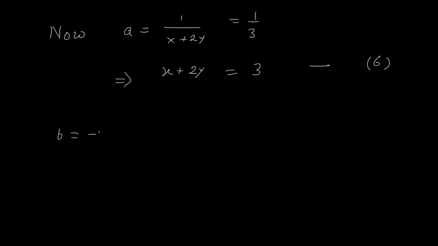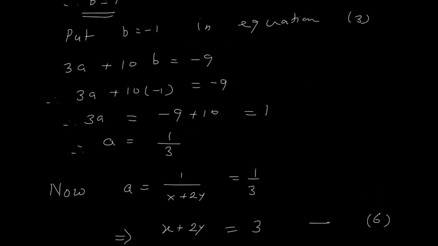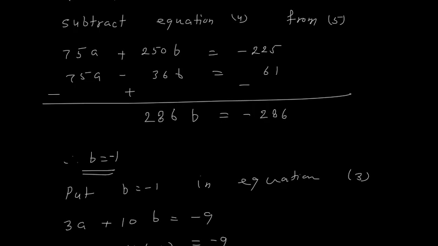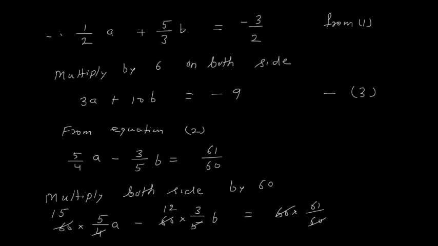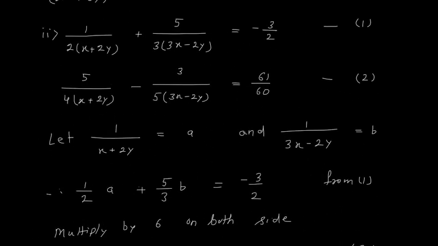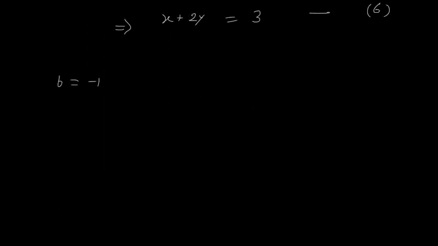And b is equal to minus 1, and b is equal to 1 upon 3x minus 2y. So therefore the value of 3x minus 2y is minus 1. This is equation 7. x plus 2y is 3, 3x minus 2y is minus 1.